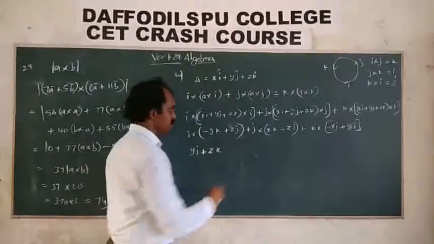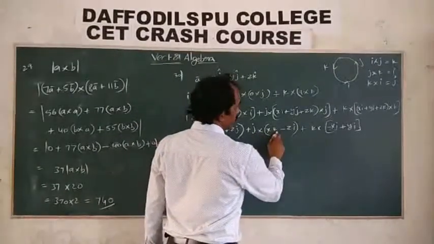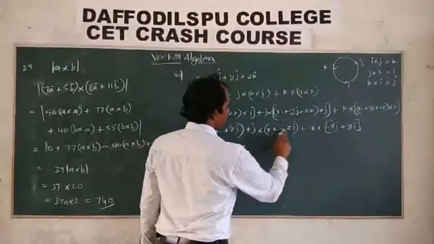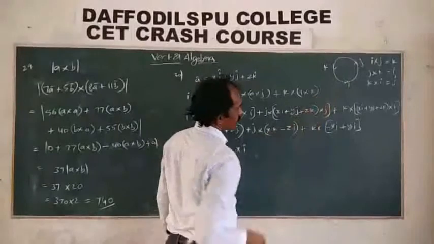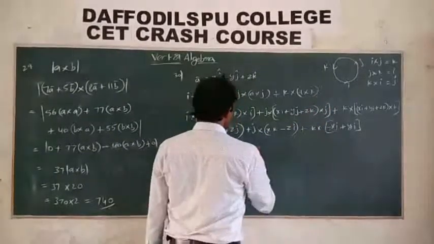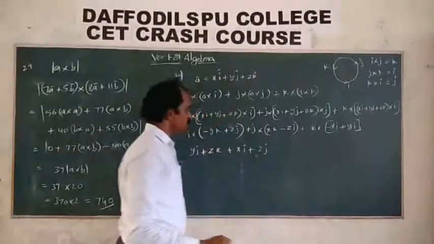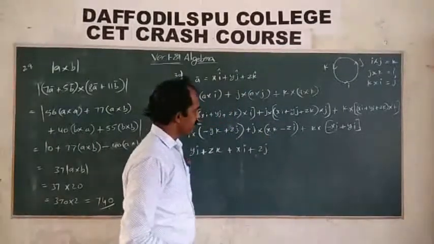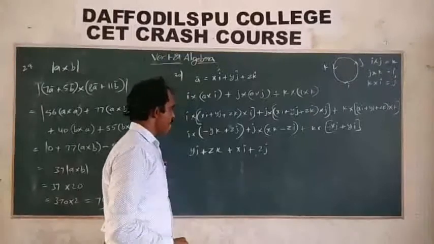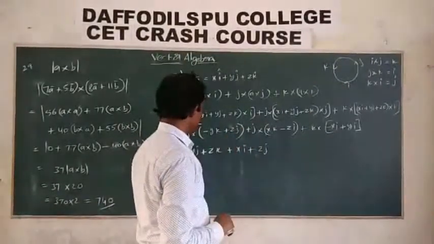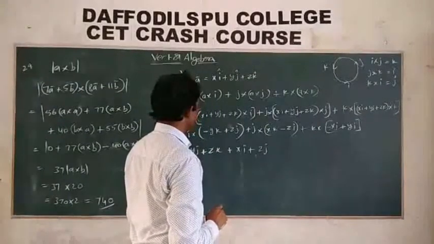Next, j cross k is I, plus xi. j cross I is minus, minus into minus plus zj, right.